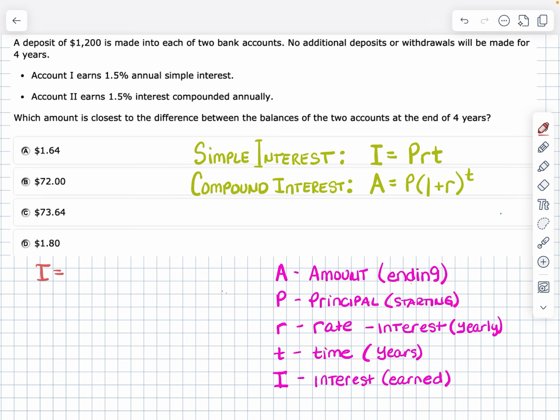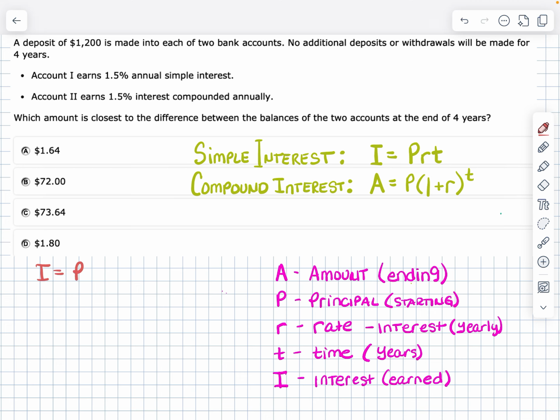So this is interest, what we're going to be earning, and this is principal, which is the amount you're starting with, the interest rate, which is the 1.5%, and then the time it's going to be left in there, which is 4. So let's plug all these in. That's $1,200.